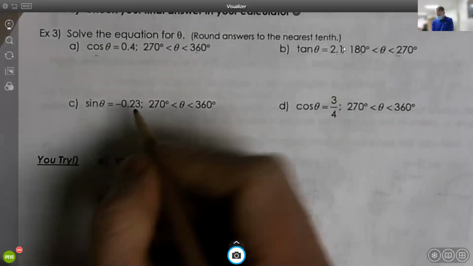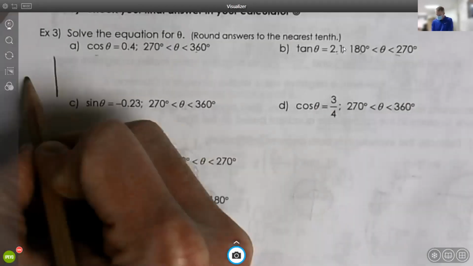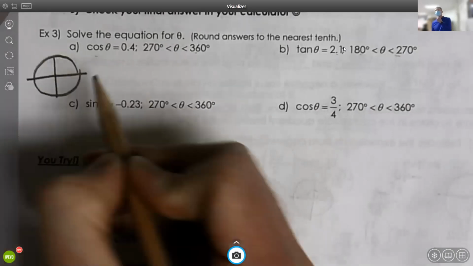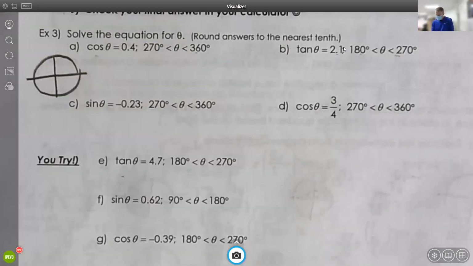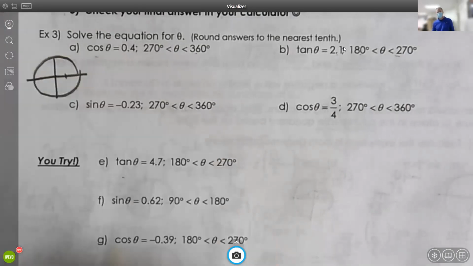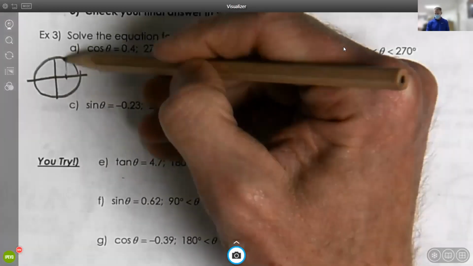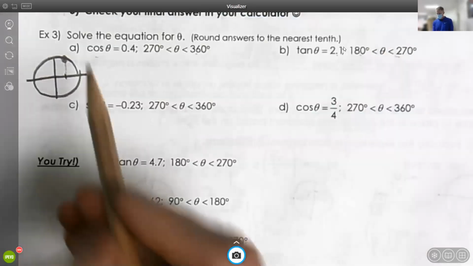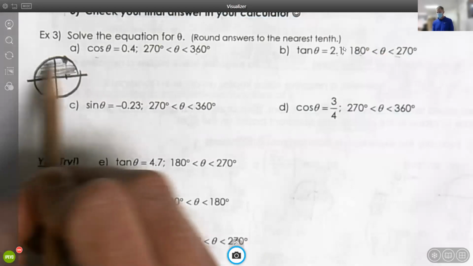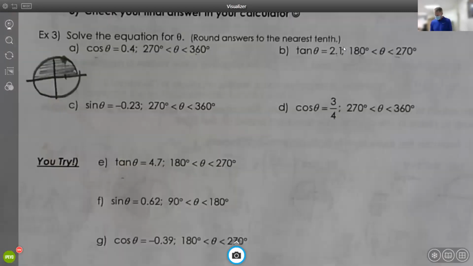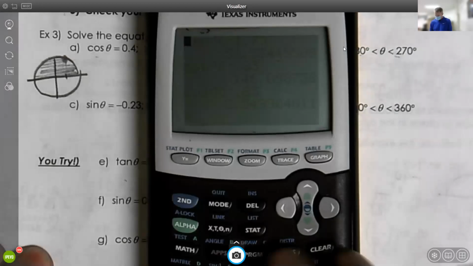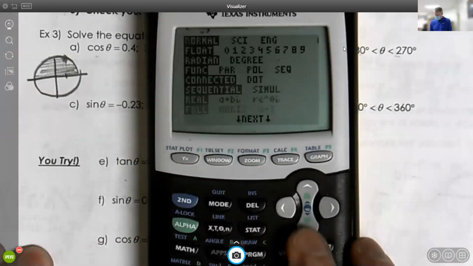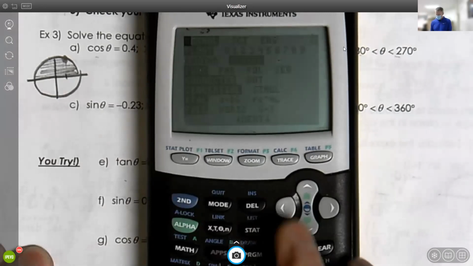So where is cosine 0.4? Well, cosine are your x values. Cosine of 0.4 is approximately right there. Typically, we talk about cosine answers landing in here. We'll get ourselves in degree mode so we're more comfortable.